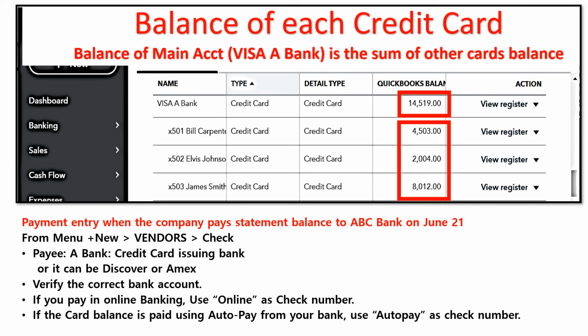You should verify if the bank account is correct. If you pay in online banking, use online as check number. If the card balance is paid using AutoPay every month from your bank, use AutoPay as check number.